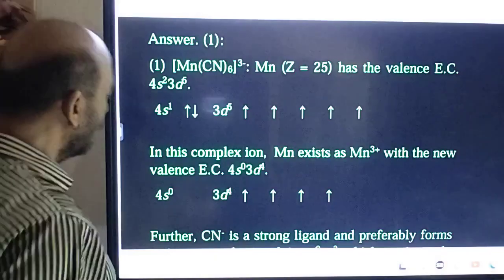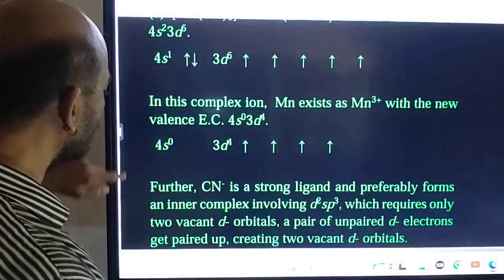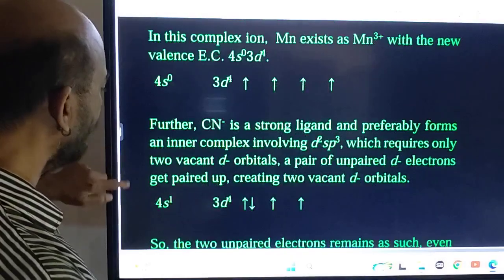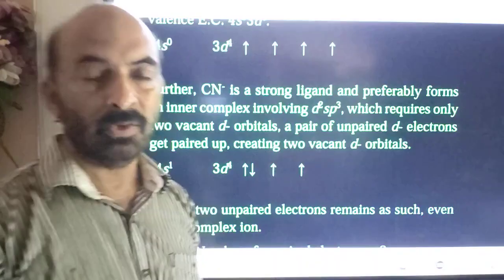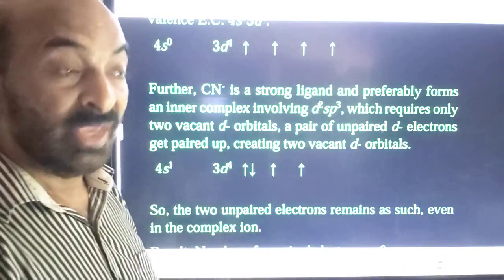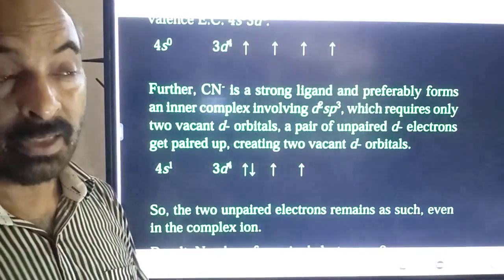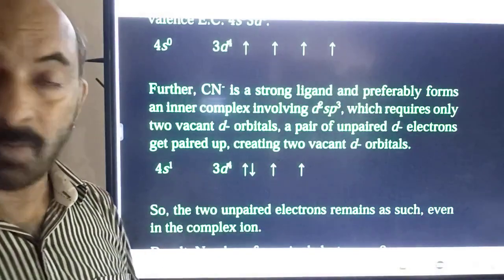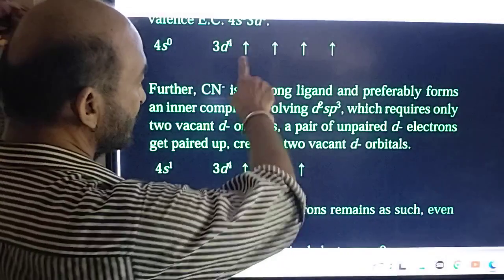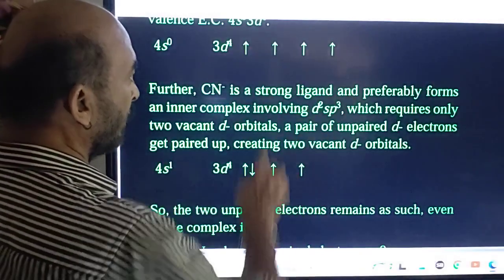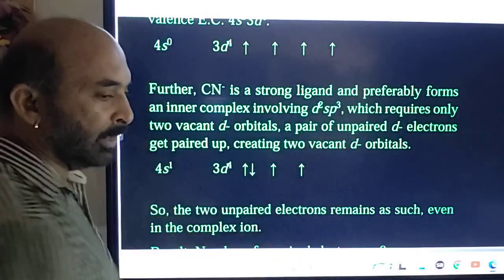1, 2, 3, 4. Next, we have to think about the nature of the ligand. We know cyanide is one of the strongest ligands. It has the capacity to pair up the unpaired electrons to generate vacancies in the inner d orbitals, because inner d orbital complexes are more stable. So it will try to do that. Since there are 4 unpaired electrons, 1 vacant orbital is already there.